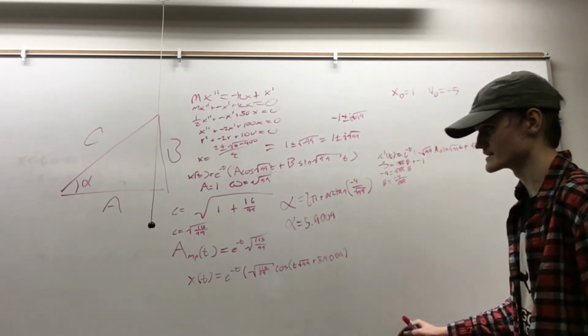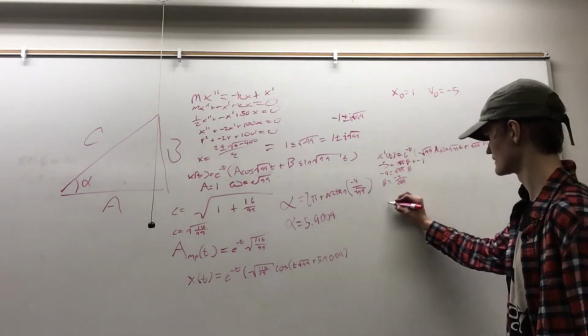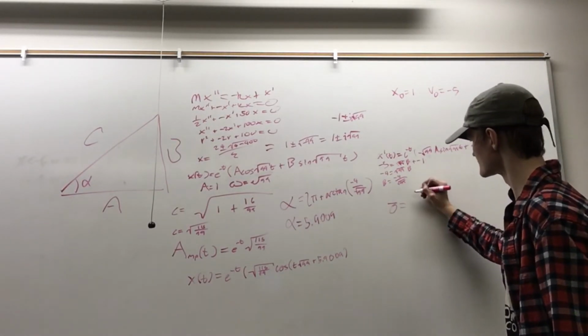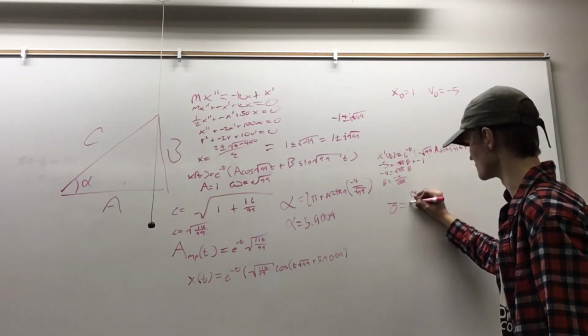And then in order to get the offset, we have to do delta equals alpha over omega.